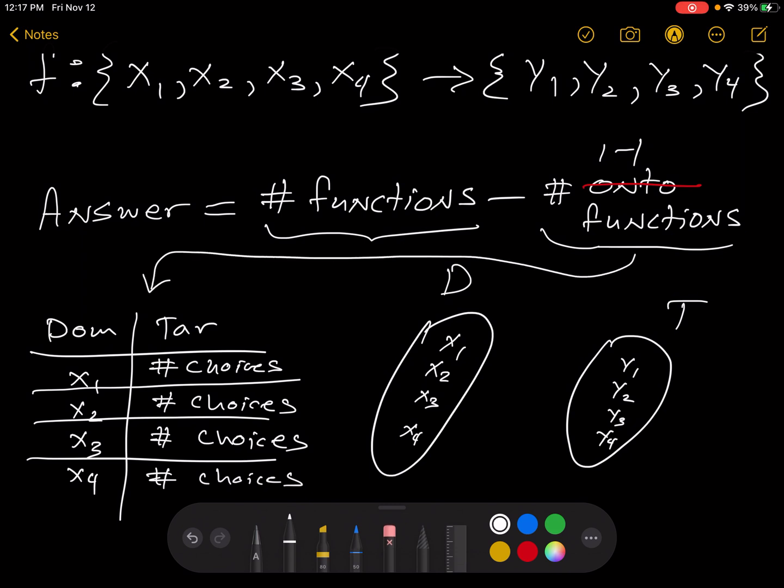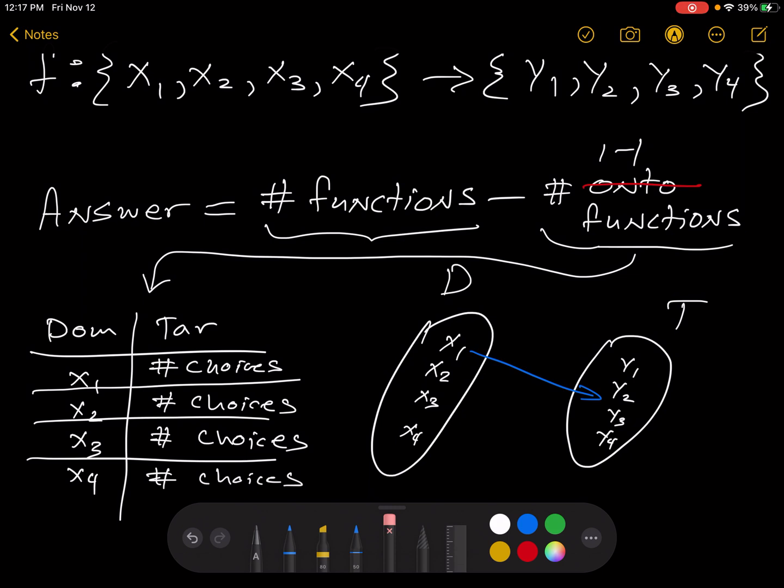Okay, now we'll look at one-to-one functions. With one-to-one functions, let's say you're going to start with x1 and ask, where am I going to send x1? Well, there's 4 choices, right? You can send x1 there, there, there, or there. But let's say that you choose that x1 is going to go to y2.